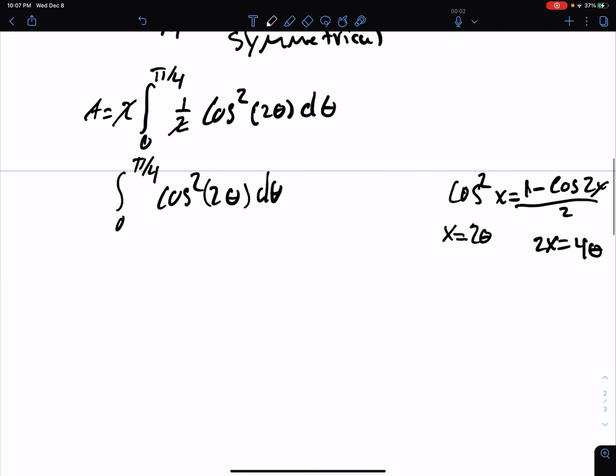So the integral from 0 to pi over 4 of (1 plus cosine of 4 theta) over 2 d theta.